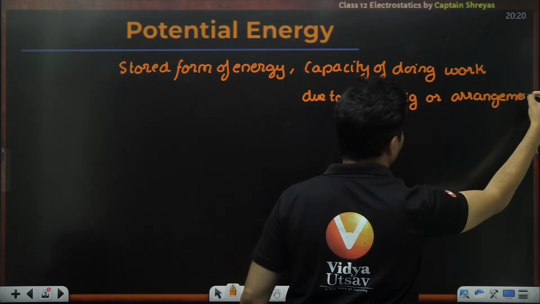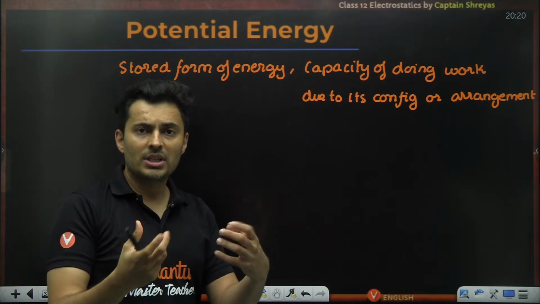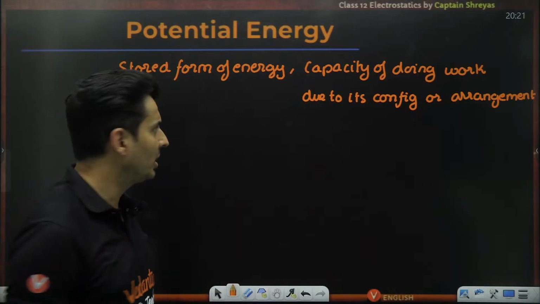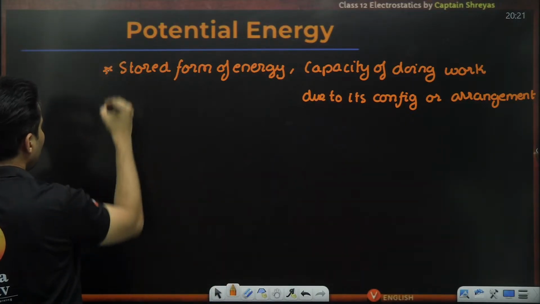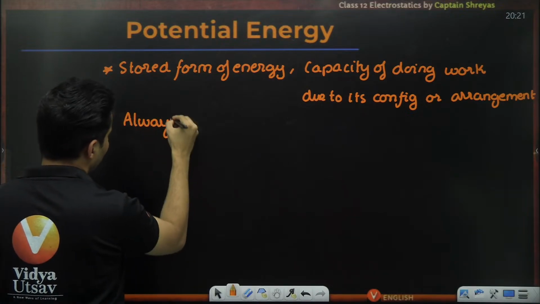The way it has been arranged, it has some potential energy. Magnets brought close to each other, because of that arrangement, have capacity of doing work, so they have potential energy.